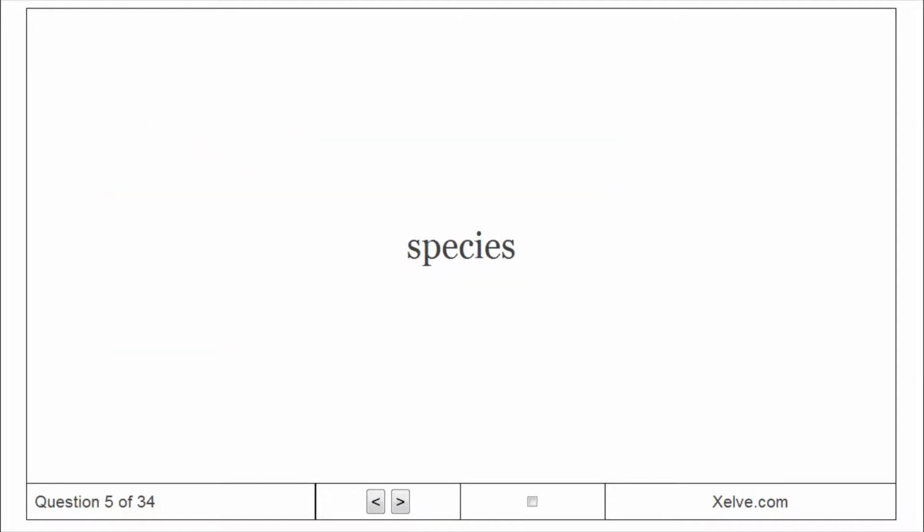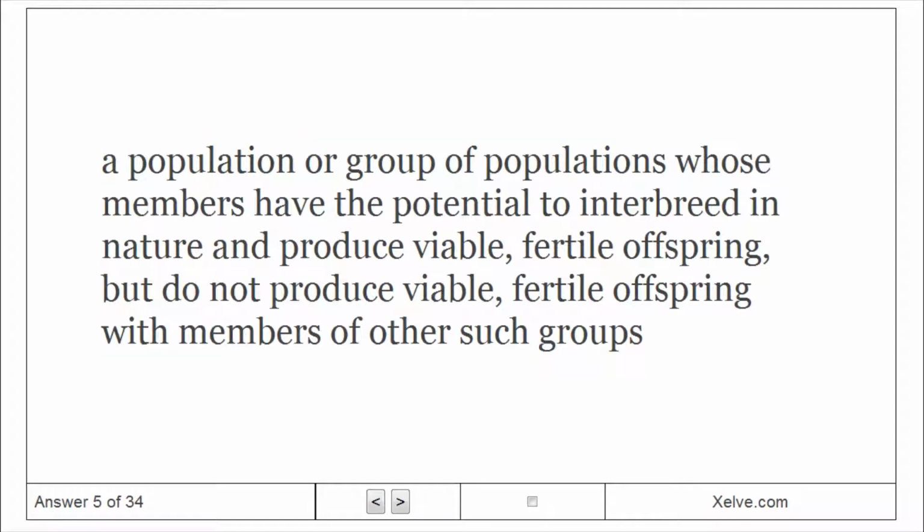Species. A population or group of populations whose members have the potential to interbreed in nature and produce viable, fertile offspring, but do not produce viable, fertile offspring with members of other such groups.